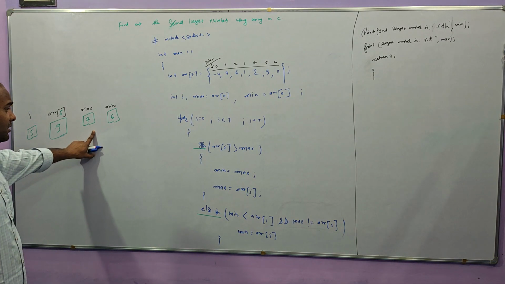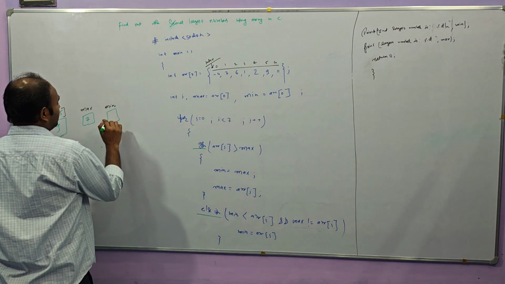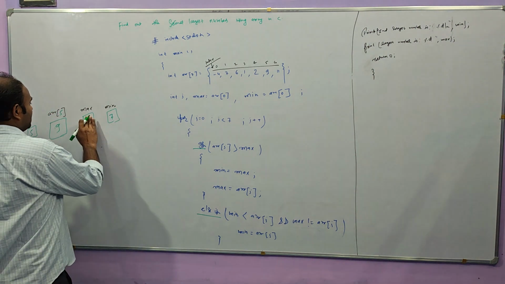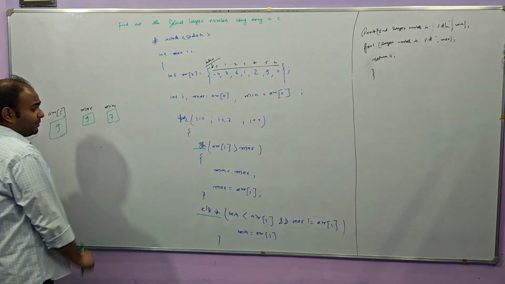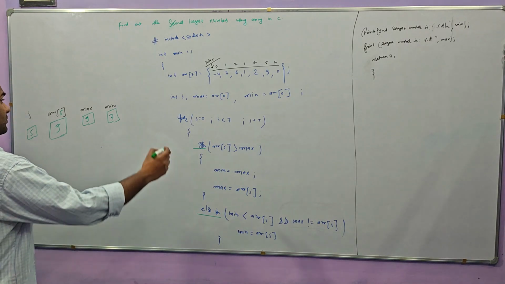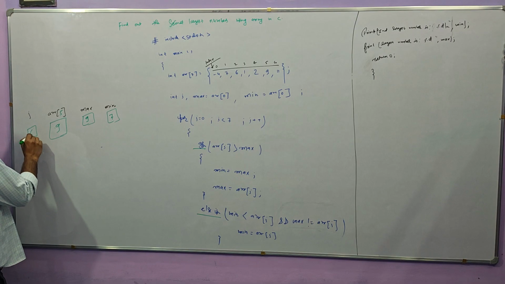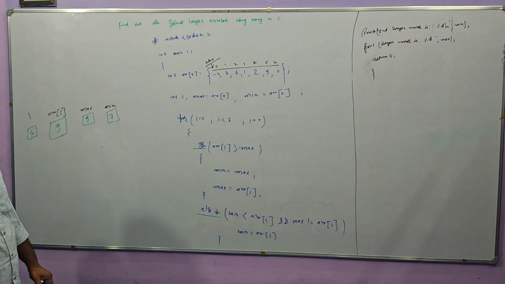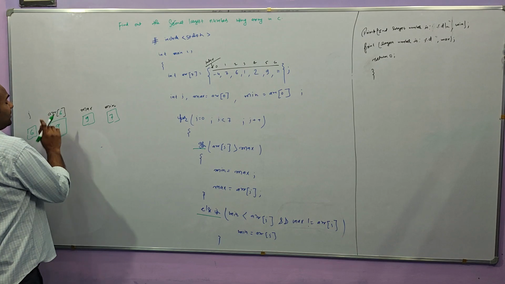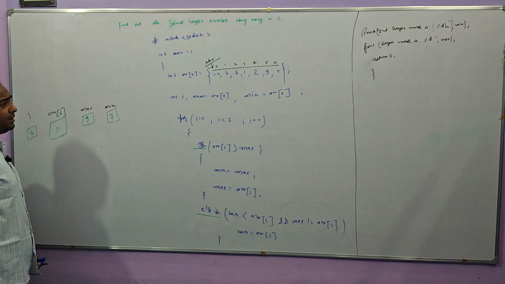Then min becomes the previous max, that is 7, and max becomes ar[5], which is 9. Now we increase i, i becomes 6. Now ar[6] becomes 11.